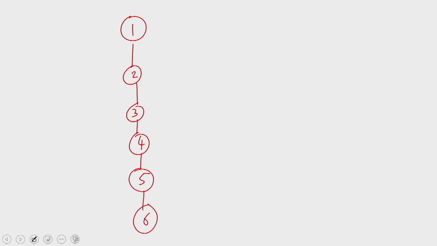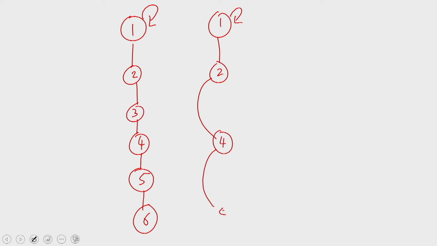If you consider a tree of odd height, where 1 points to itself, you find that the pointers flow like this. 6 becomes a child of 4, 4 becomes a child of 2, 5 becomes a child of 3, which becomes a child of 1.